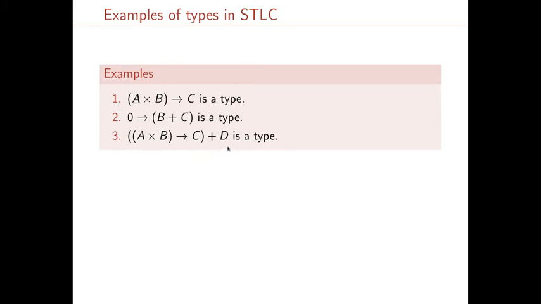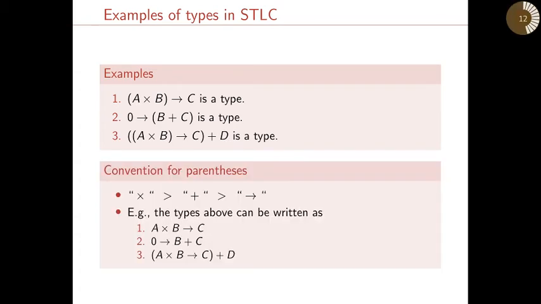So this is the outermost type construction. The root of the parse tree is the plus here. And we have two arguments to the plus. The left-hand side is this complicated type expression (A times B arrow C), and the right-hand side is the atomic type D.